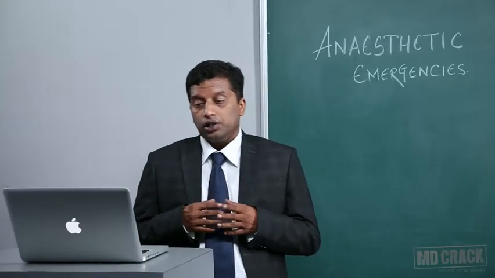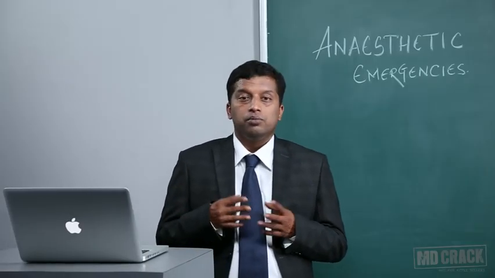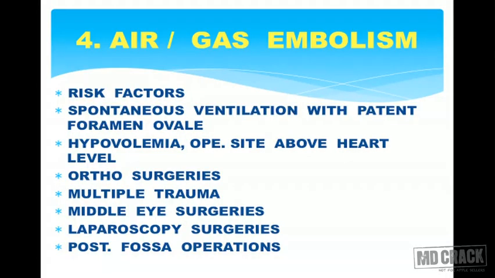Severe orthopedic surgeries are a major cause of air or gas embolism, because a large surface area is exposed during orthopedic surgeries, and also a large number of venules are exposed. So air gets easy access through these open venules and can lead to air or gas embolism. Multiple trauma or polytrauma, where a large surface area of the body is exposed, can lead to air or gas embolism.